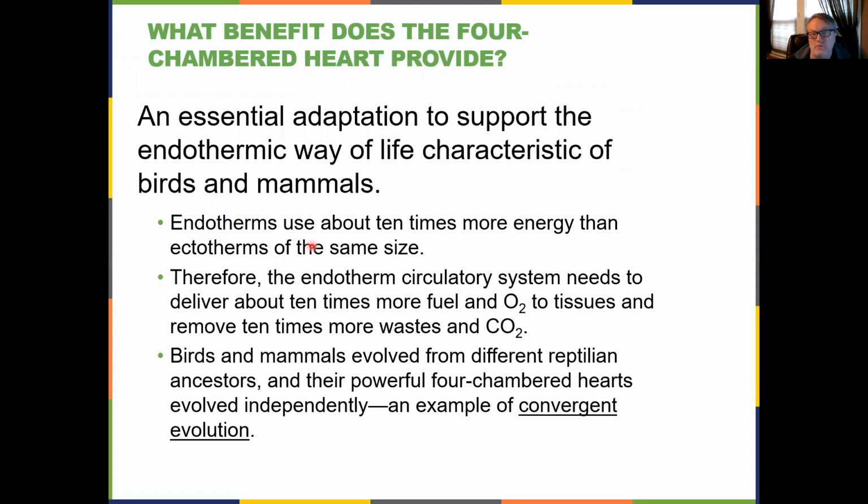Therefore, endotherms require about 10 times more energy than an ectotherm of the same size. Amphibians, reptiles, they're ectotherms. So that's why they don't have to have the highly efficient four-chambered heart. So the evolution of the four-chambered heart came in those animals that had extremely high metabolism, which would be the land-based mammals and the birds.